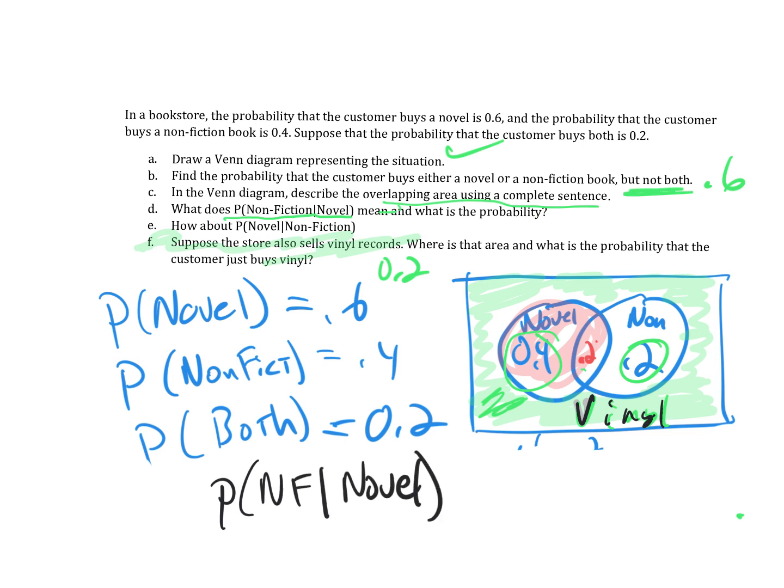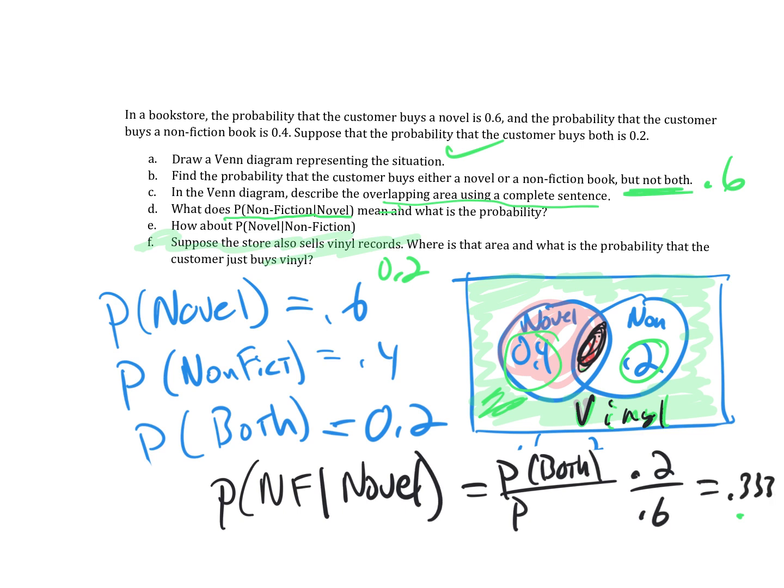So we take the probability of both divided by the probability that they buy a novel. Basically, you're seeing what fraction this part is of the total of that red circle. So 0.2 divided by 0.6. I think that's 1/3, right? So 0.333 repeating.